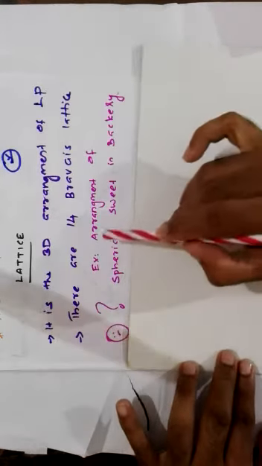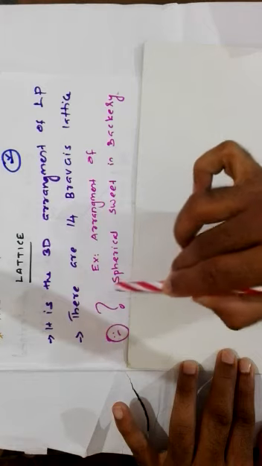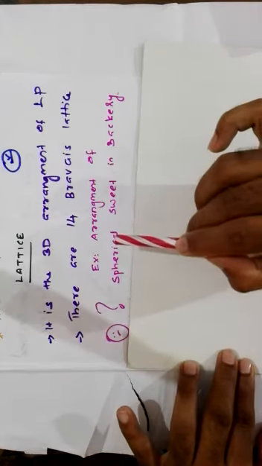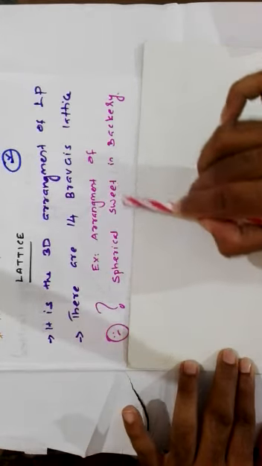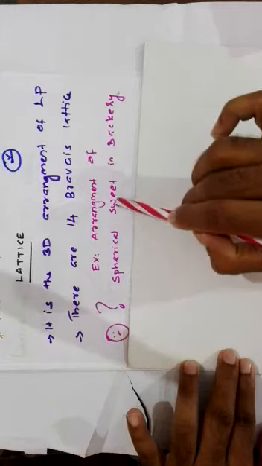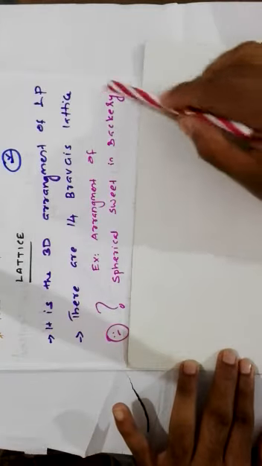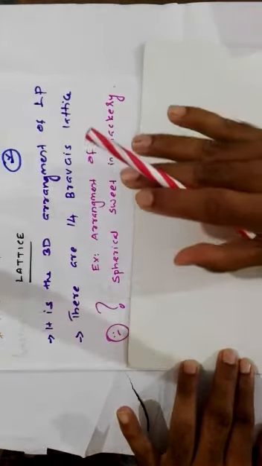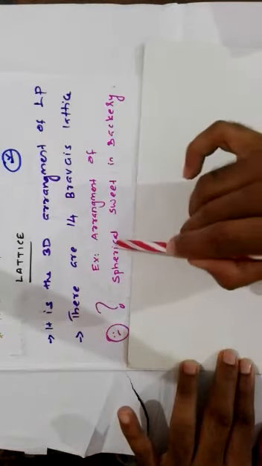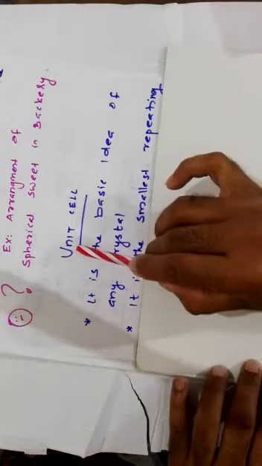I tell you one funny example about a lattice. If you see an arrangement of spherical sweets, for example laddu in a bakery in Kerala, that arrangement can be treated as one kind of lattice.